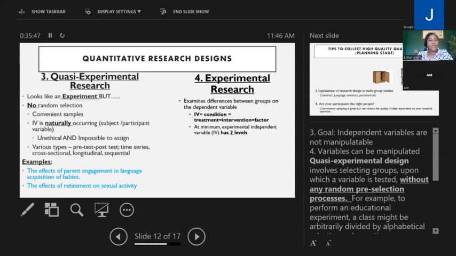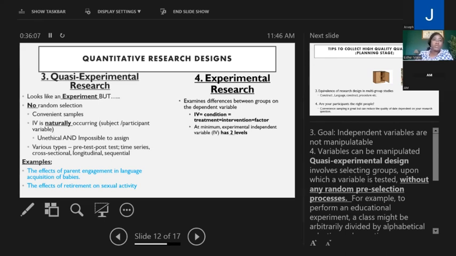So for quasi-experimental research, as compared to experimental research, you are looking at patterns and relationships, right? However, the focus usually here is on the variables of interest.